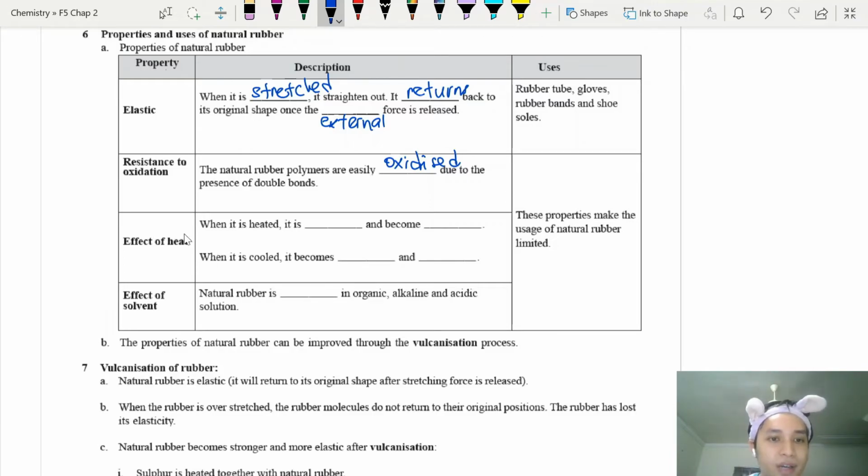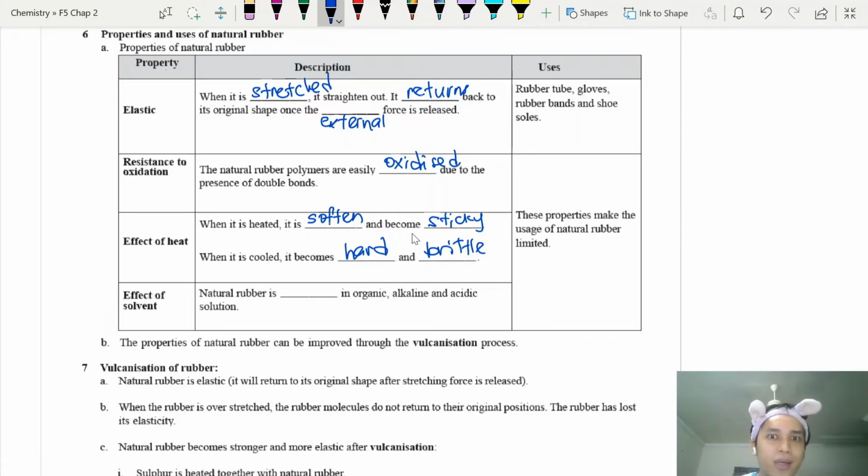Now the effect of heat. When you heat rubber, it becomes soft and then sticky. This is natural rubber. But when it becomes cold, it becomes hard and brittle. Meaning natural rubber does not do well in extreme conditions.